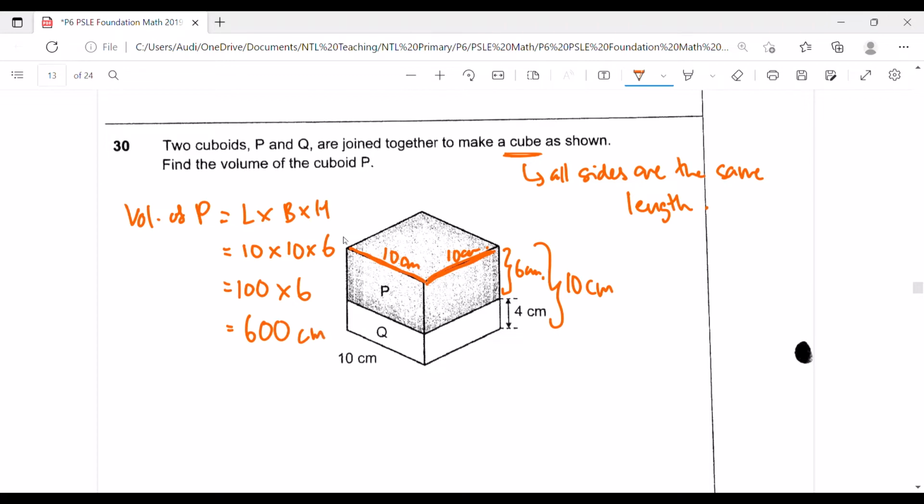Volume is cm cube. How do we know? Length is in cm, breadth is in cm, height is also in cm. So how many cms do you see? You see 3 cms. This is where we write cm cube. Okay, good. Please pause the video. Try this question and then we'll continue.